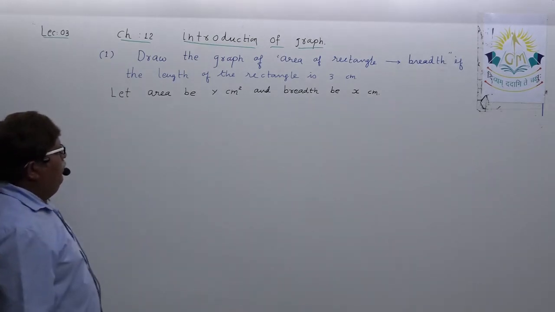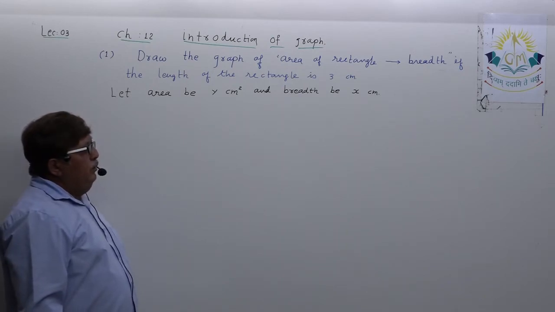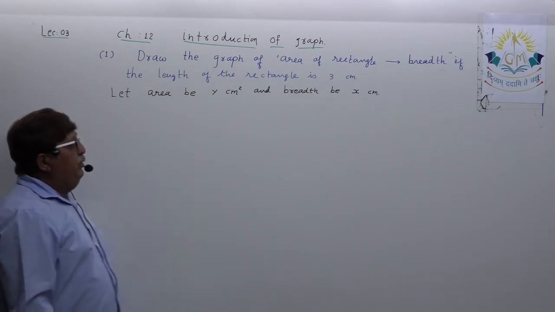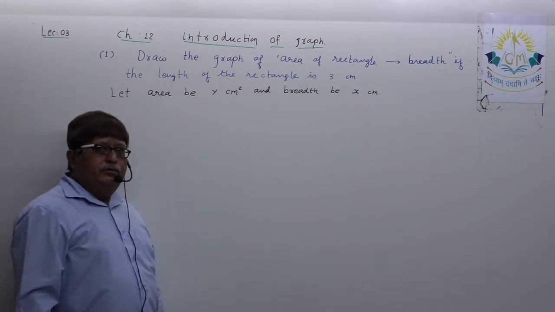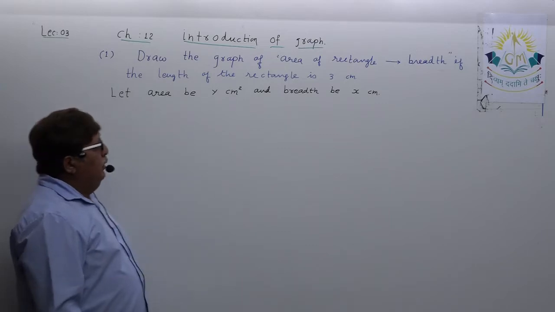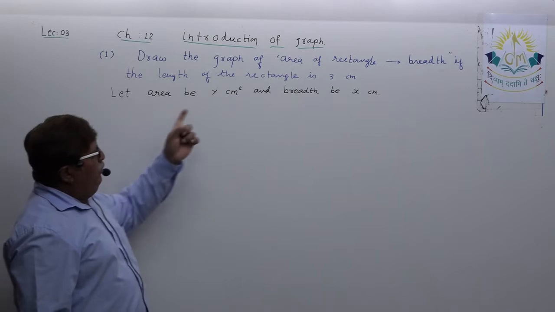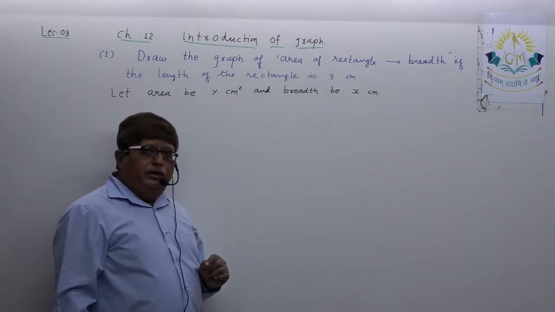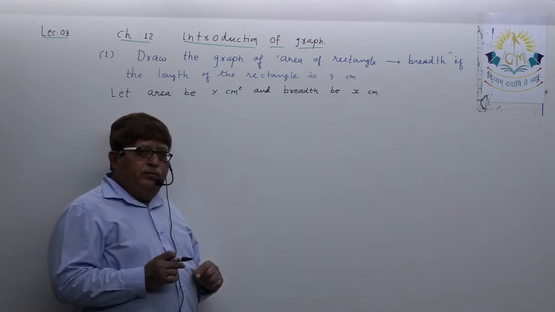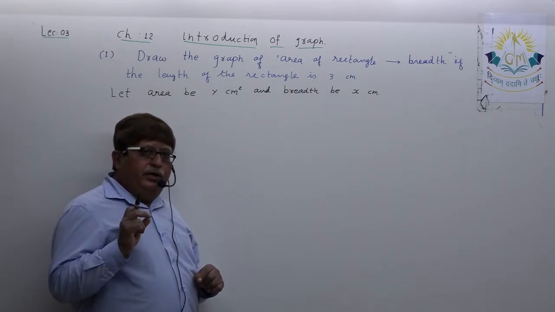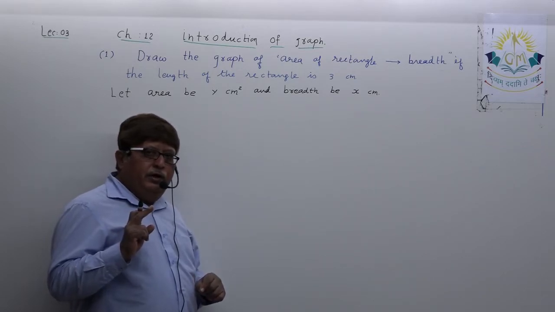First, you note down this. After we have supposed the two variables, area which is dependent variable on breadth, we have taken breadth as x and area of rectangle as y.